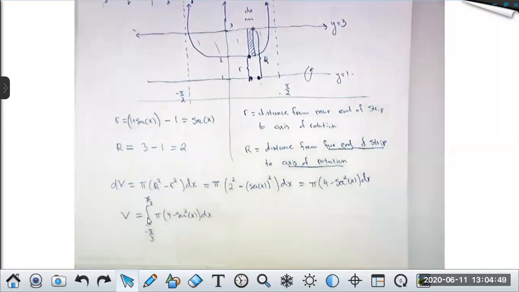I'm pretty sure there's a specific antiderivative of secant x or secant squared x, right?